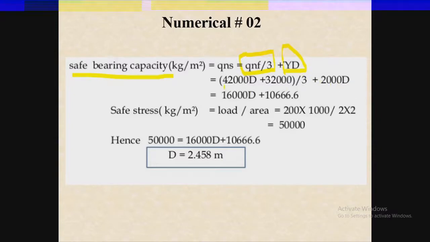Solving this equation, we get 16,000 D plus 10,666.66.